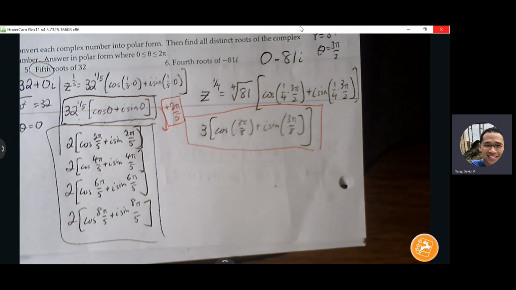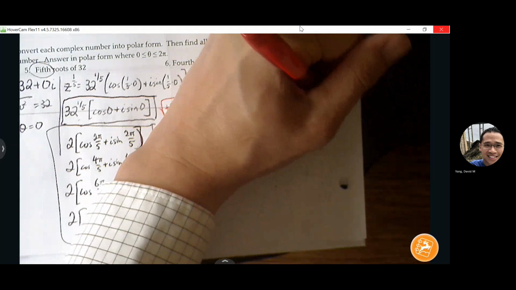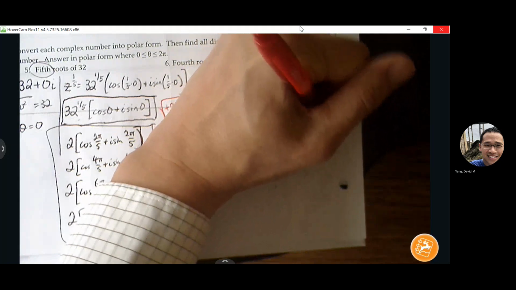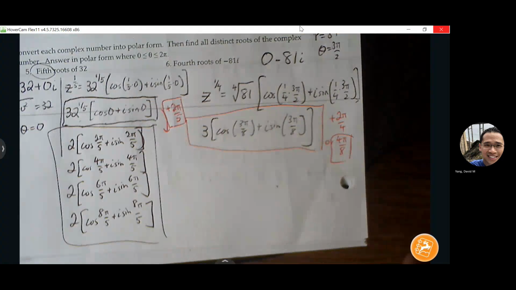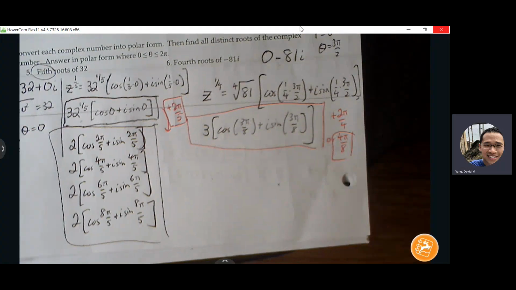My pattern is 2 pi over 4. So 4 pi over 8 would be my common denominator. So 3 plus 4 is 7, plus 4 is 11, plus 4 is 15.